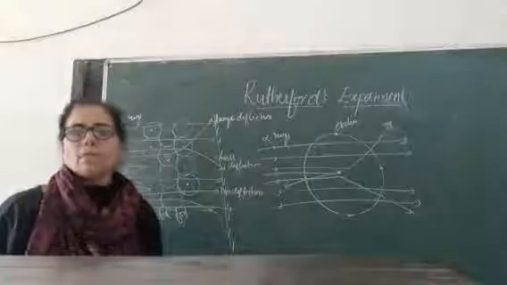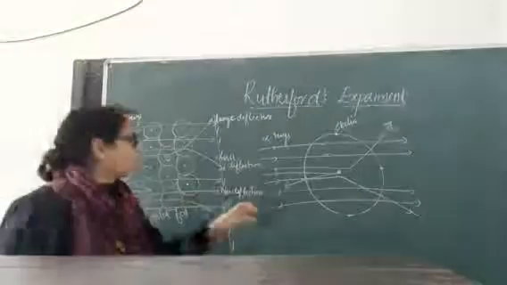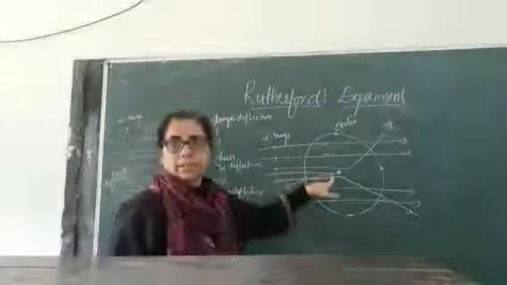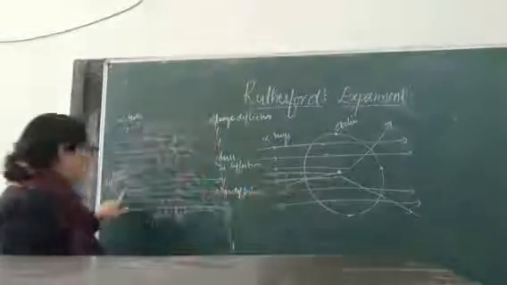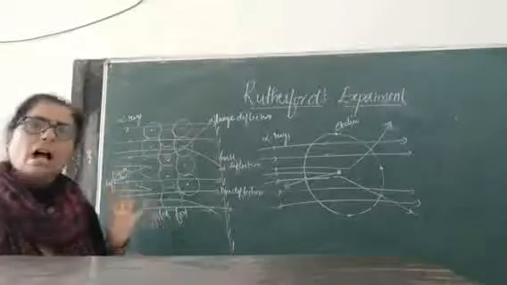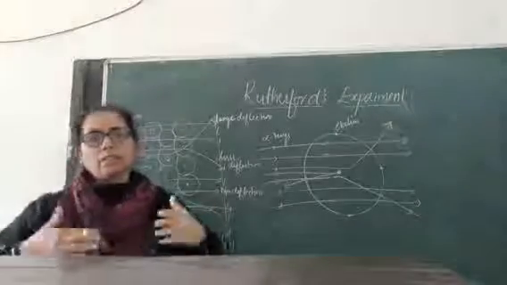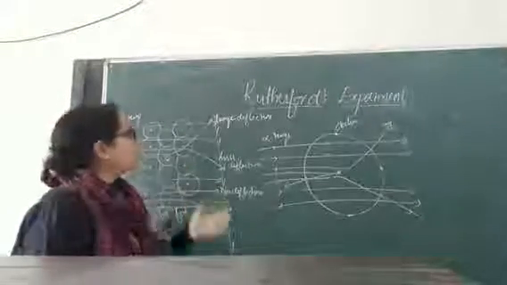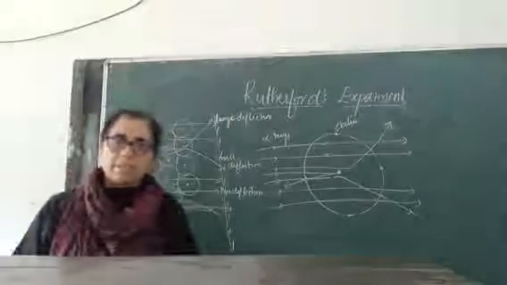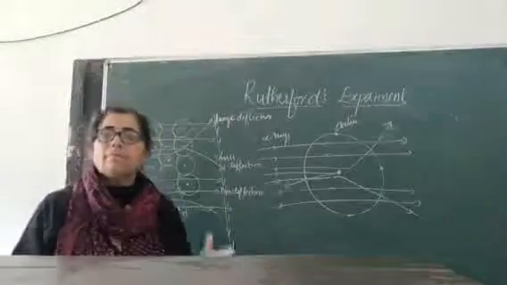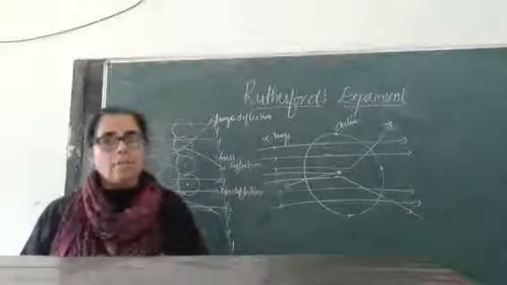He also found that very few rays were deflected back. Back deflection was seen very rarely. After observing it on the screen, Rutherford tried to explain what the atom must be like.